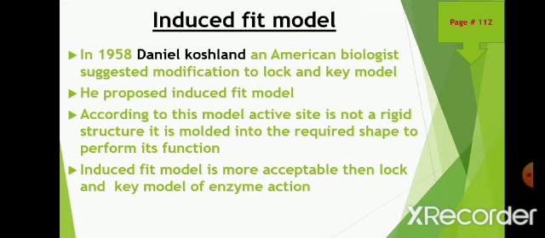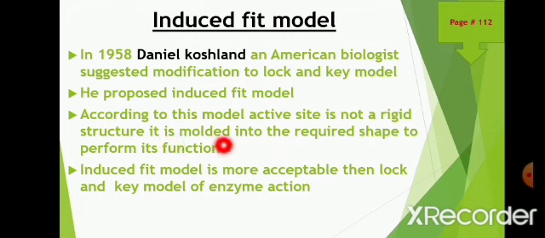Induced fit model was proposed by Daniel Koshland in 1958. This induced fit model was actually a modification of the lock and key model. He said that according to the model, the active site is not a rigid structure, not a hard structure.